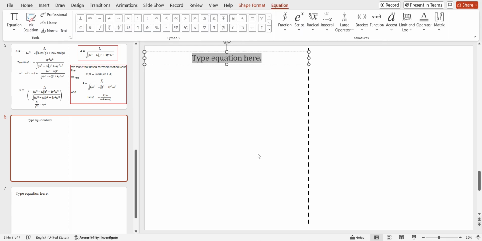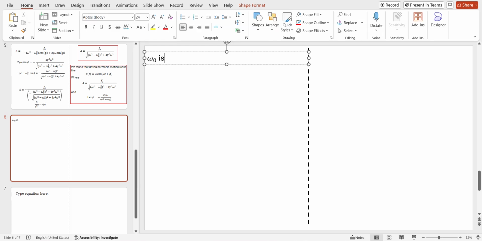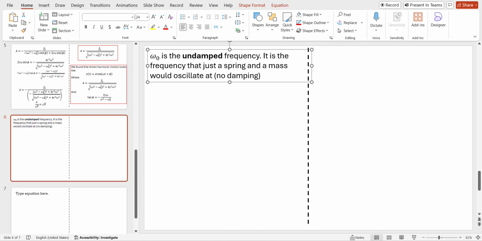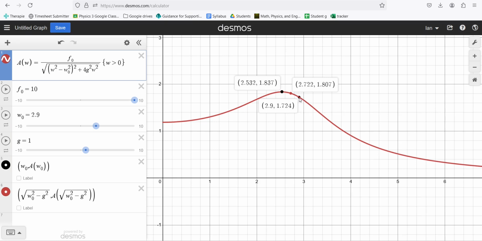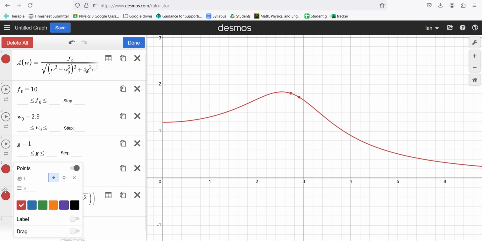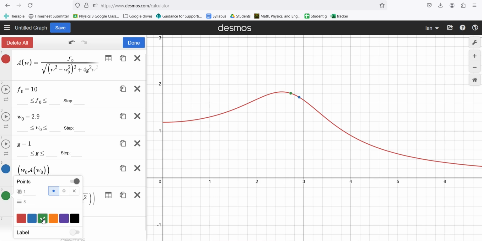Here I'm going to write down what I was just voicing. Omega naught is the undamped frequency, which corresponds to the frequency of just the spring and a mass, which is just the square root of k over m, if you remember. So there I'm changing the colors of everything. Blue is undamped and green is underdamped.